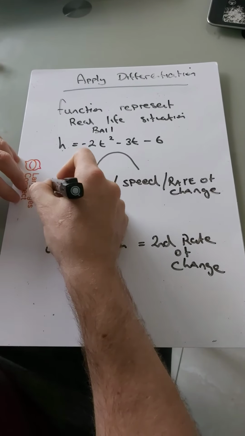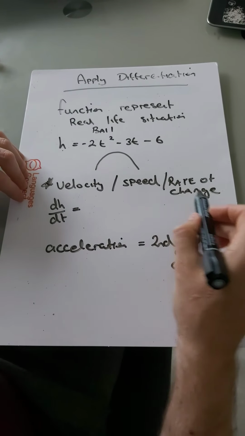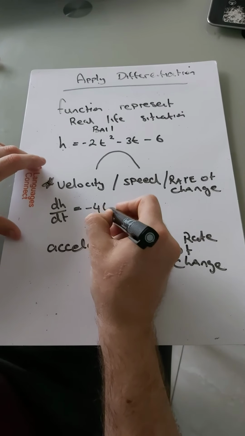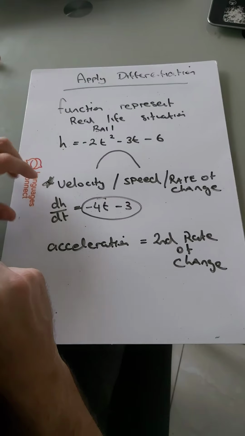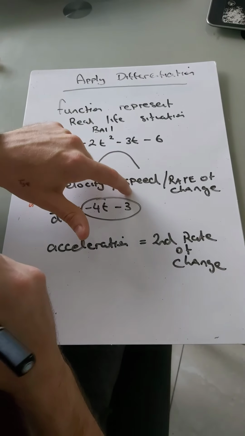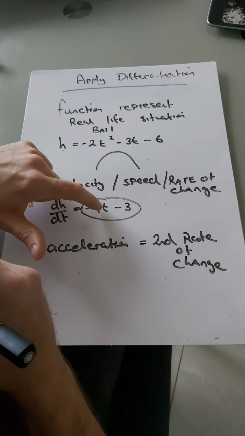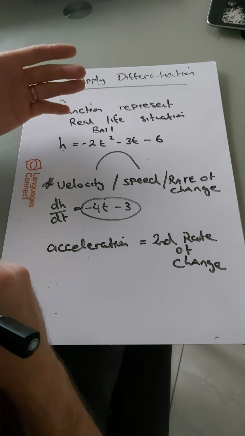But if the question asks us for velocity, speed, they're all a rate of change. So in this case, I would differentiate this and I'd get minus 4t minus 3. Now, what I've got there is a formula for the velocity or the speed of the ball relating to this question. So obviously, if I know the time, I can find the speed at that time.